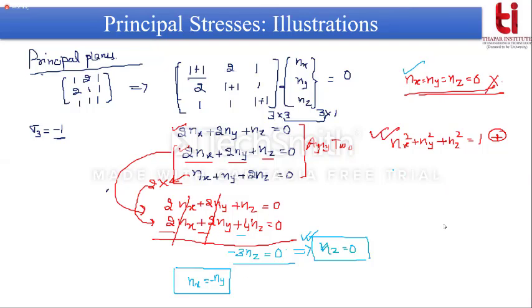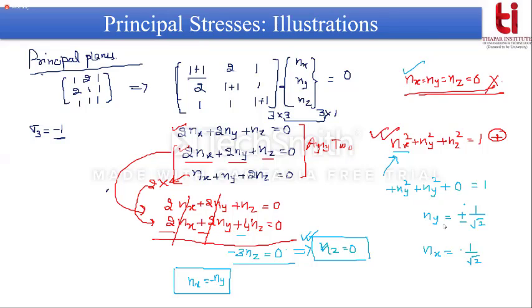So can we plug in here? nx is equal to minus of ny. So nx square will automatically become plus ny square, so ny square plus ny square plus nz square is 1. That means ny will come out to be 1 by root 2, and since you take a square root, it will be either plus or minus. Same way, nx will also be 1 by root 2.